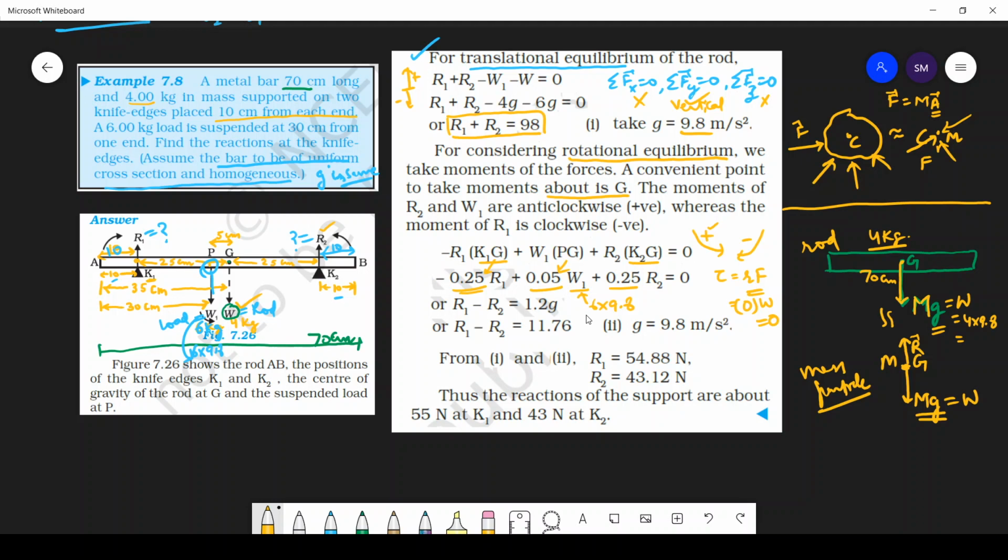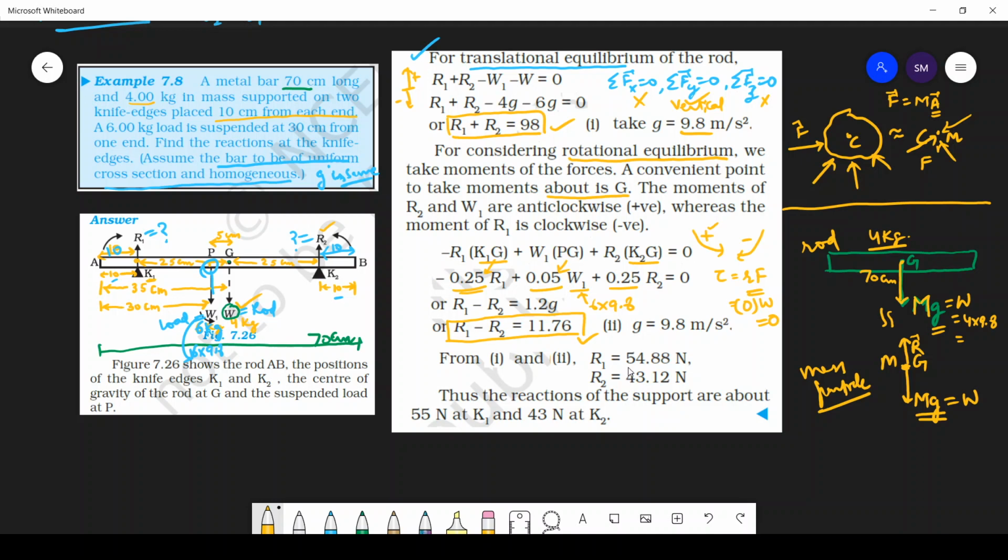Taking 0.25 common and dividing it out, after solving this you will find that R1 minus R2 is equal to 11.76. So you have two equations, R1 plus R2 and R1 minus R2. Solve these simple linear equations and you will find the values of R1 and R2.